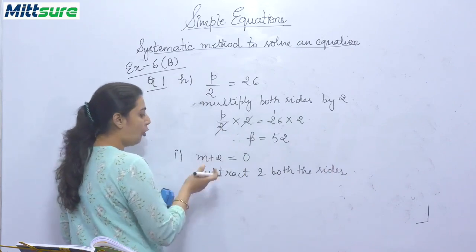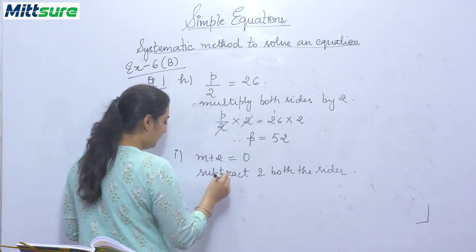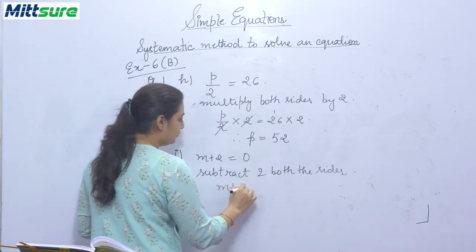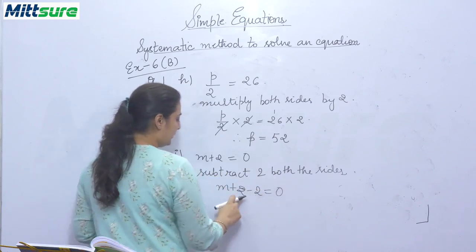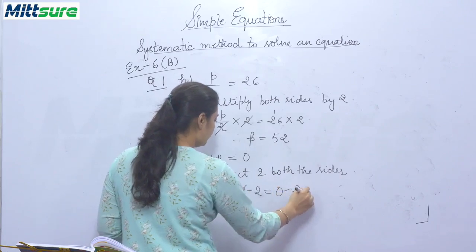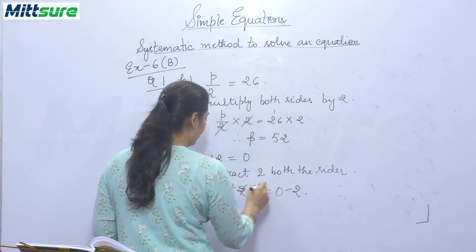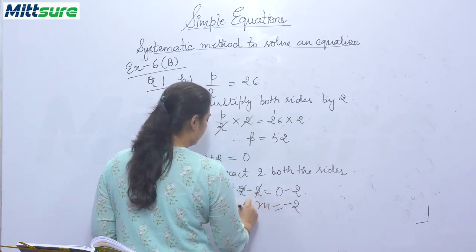Or you can write on subtracting 2 both the sides. Any form of statement could be written. So m plus 2 minus 2 equals to 0 minus 2 will also be there because we are subtracting. So m's value becomes minus 2.